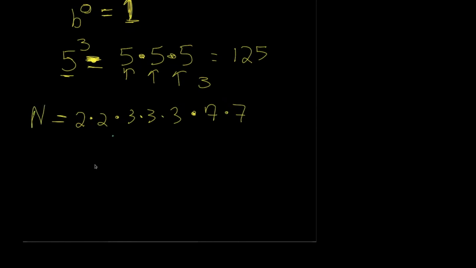Some number is made up of these factors. Well, notice I'm multiplying the 2 twice, so I'll call that 2 squared. I'm multiplying the 3 three times, so I'll call that 3 cubed. And I'm multiplying the 7 twice, so I'll call it 7 squared.